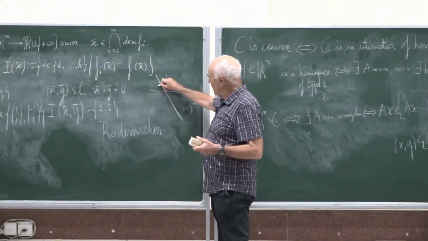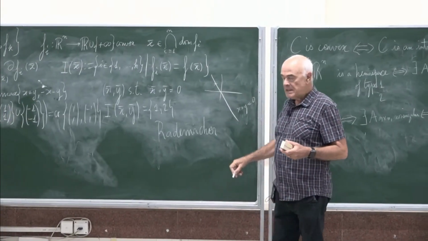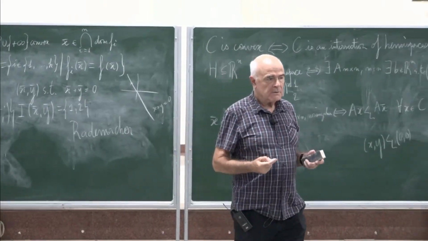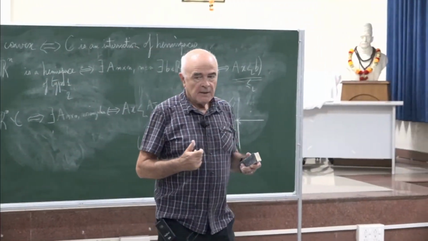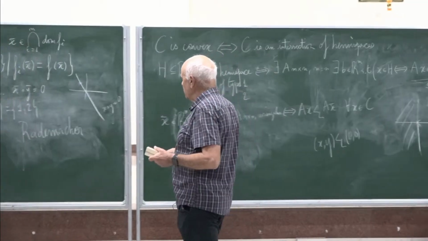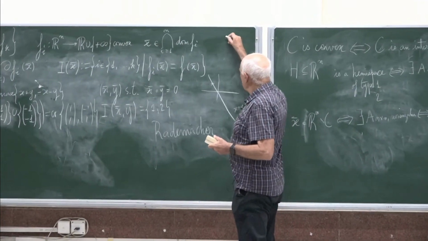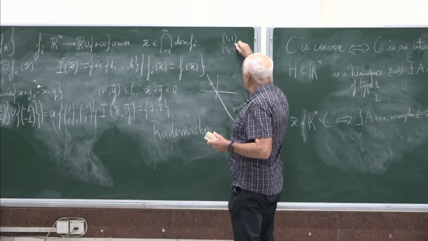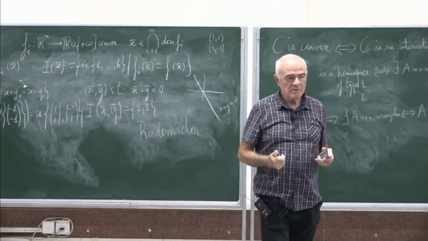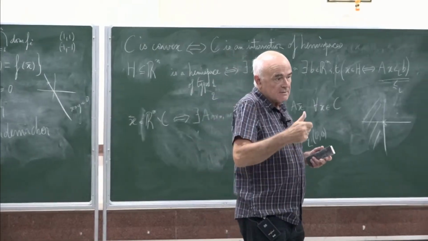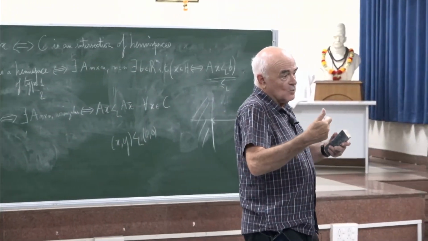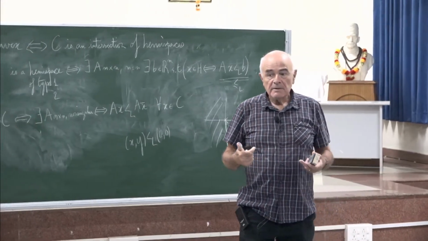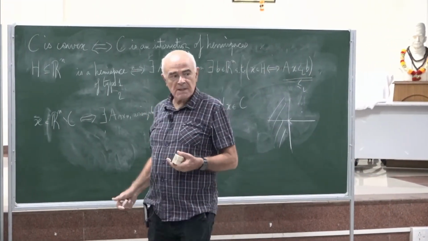So any point here is a limit of points around in either half plane, and on one side the gradient is (1, 1), and on the other side the gradient is (-1, 1). Take the limits, which are (1, 1) and (-1, 1), and take their convex hull, and you get that.